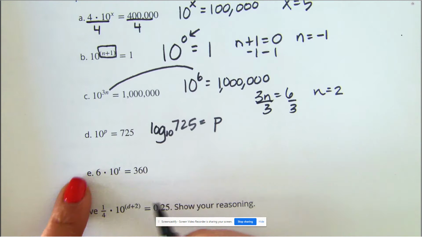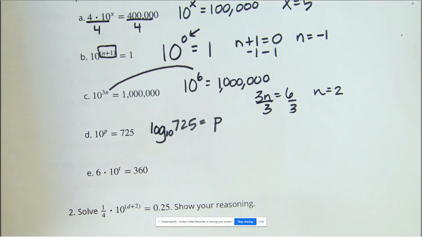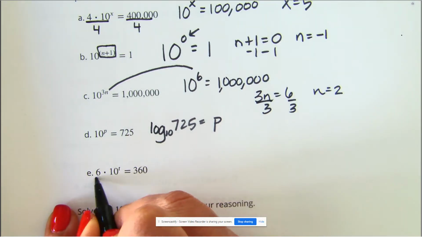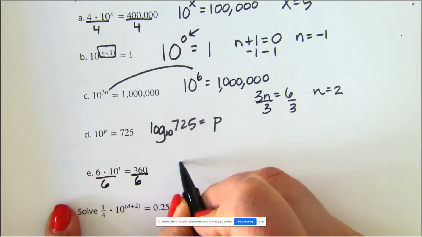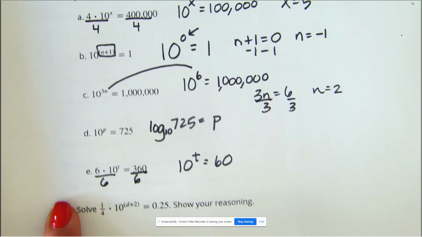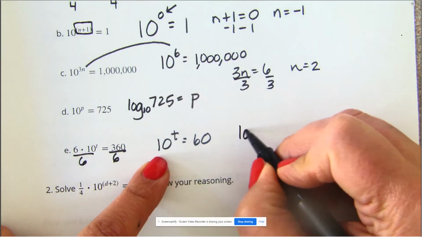Okay, here I've got another one, right? I cannot create a log expression out of this until the base is isolated. So I've got to get rid of this 6 times, so I'm going to divide. So this is 10 to the t equals 60. 10 to what power makes 60? There's no integer power there, so I'm going to rewrite it as a log.